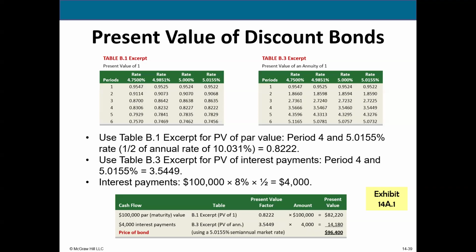We take the stated rate, multiply that by the face value, and we get the present value of the bond.